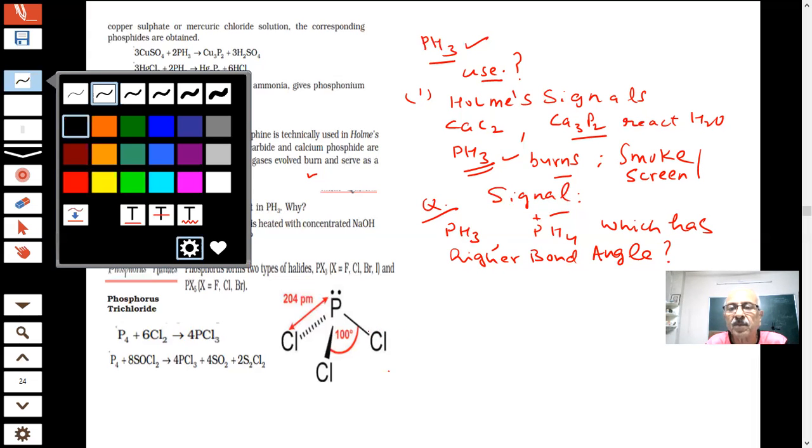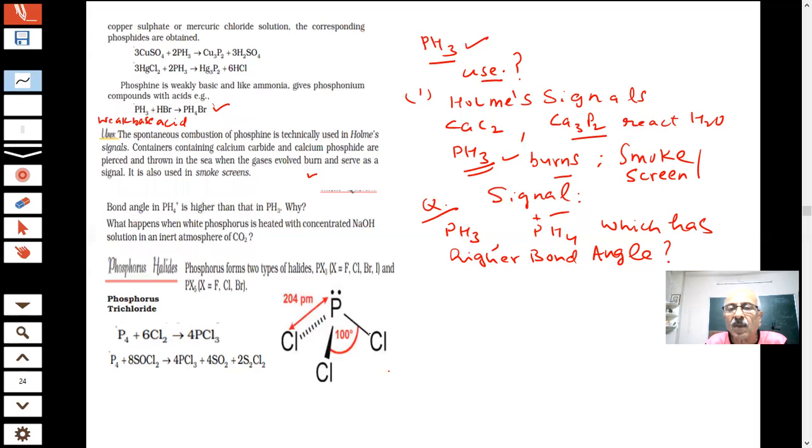In PH3 there is a lone pair of electrons, so lone pair-bond pair repulsion will take place in PH3. So the bond angle will reduce.